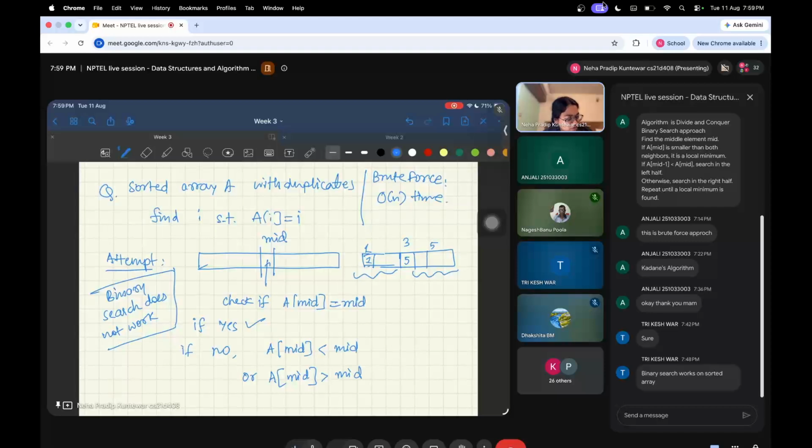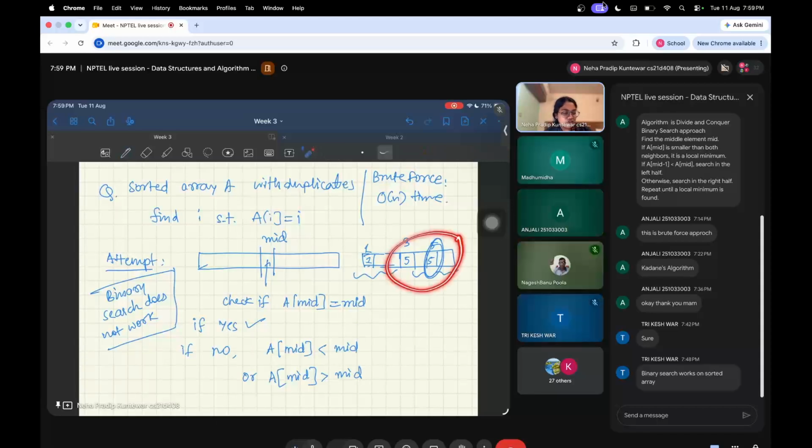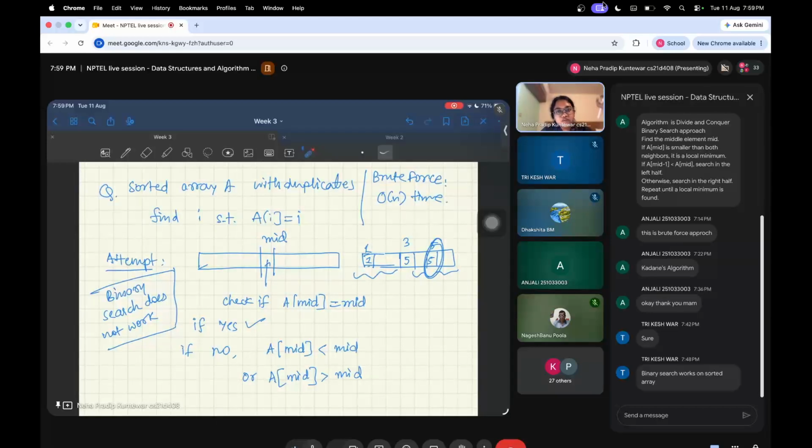Also there is a possibility that there is an element on the right half which actually achieves this. It could also be that there is an element on the left half which achieves this. So I don't know where to go. So binary search, as it is, does not work here, right?